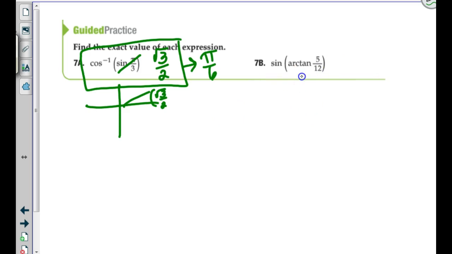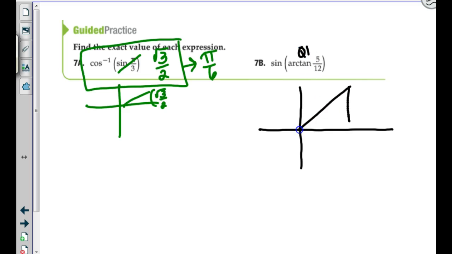Okay, number 7b, is this going to be on our unit circle? No, so we're going to have to draw. Now, arctangent that's positive. What quadrant would I put this in? So this is telling me I'm in quadrant 1 because there's an inverse tangent or arctangent that's positive. Okay, how am I going to label my picture? 5 goes where? Opposite.